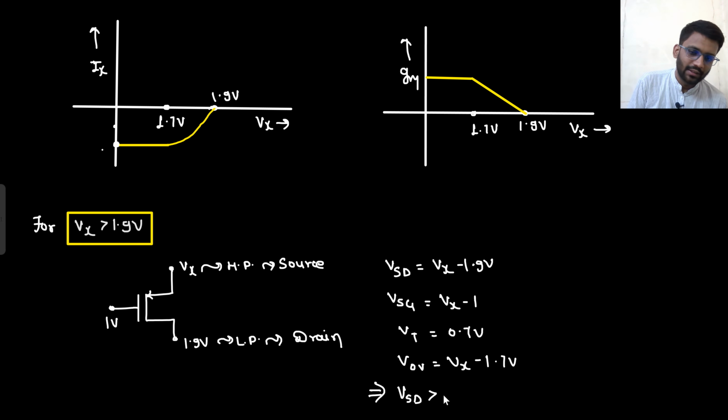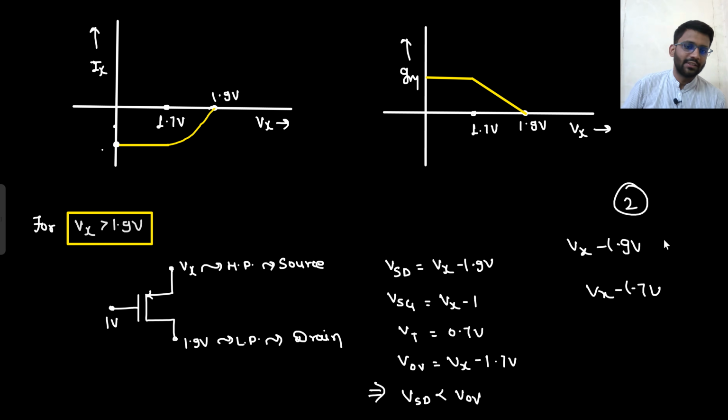So here, VSD is greater than V overdrive. Say yes or no. No, VSD is not greater. VSD is lesser than V overdrive. Why so? Because this potential is the same. Vx minus 1.9 versus Vx minus 1.7.